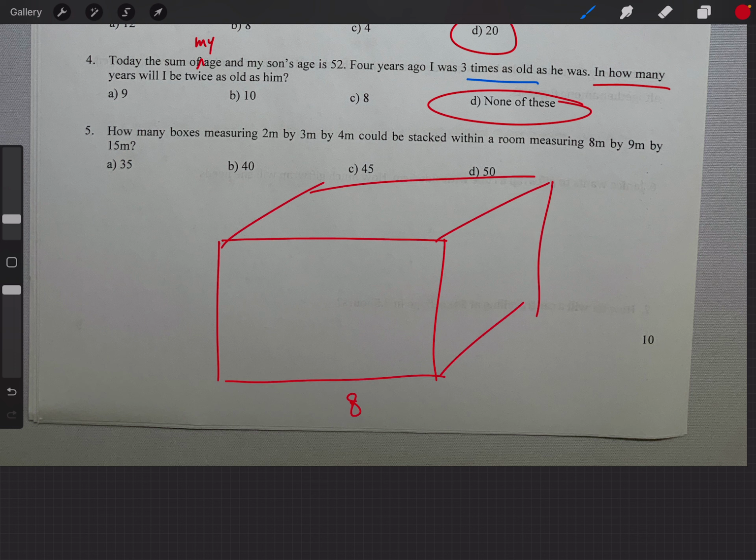Okay, I'm going to draw the small one: 2, 3, 4. So when it comes to how we are going to stack this, 8, 9, and 15. I guess you could put the 2 over here. 2, you can have 4 of them.